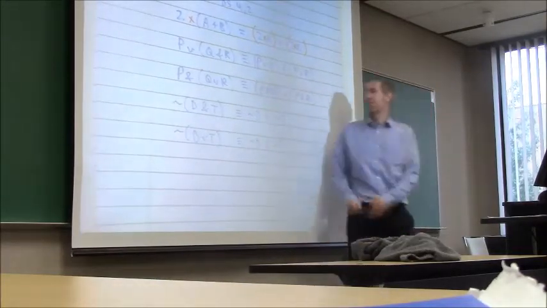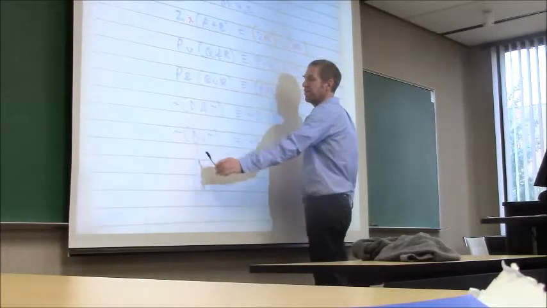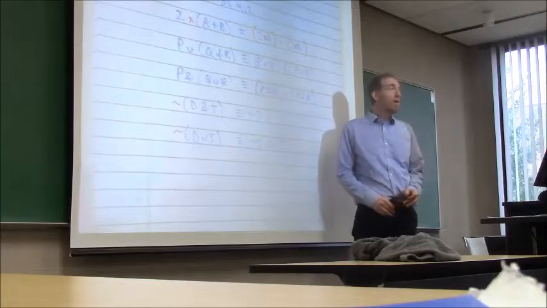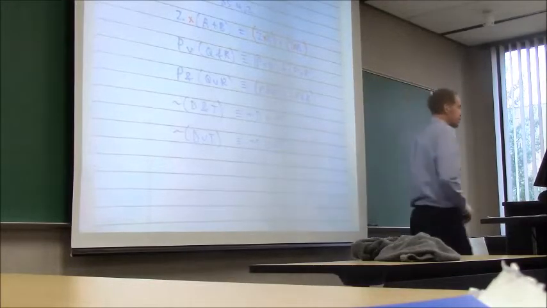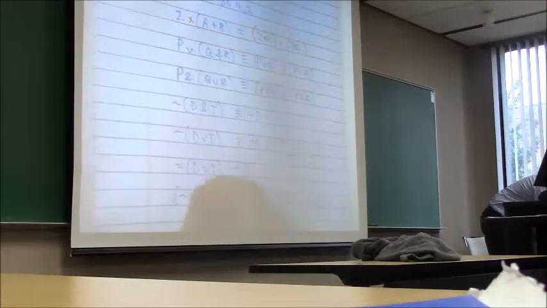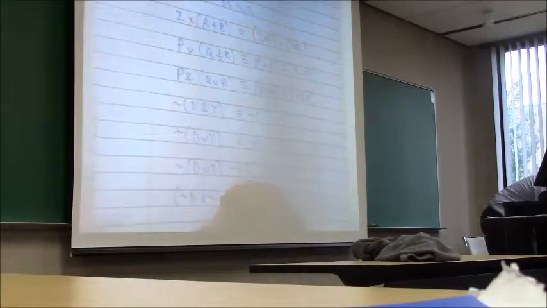Okay? This one says I'm not going to do them both together. This one says I'm not going to do either of them. Alright? And again, remember, you can do this on parts of lines. So if you have something like not (D or T), then E, that can become not D and not T, then E, by De Morgan's law.